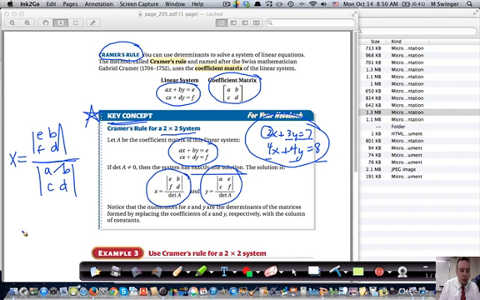Okay? Then y is equal to, you just got to memorize this pattern, AECF. So the determinant of AECF. I look at it up here. AECF. Okay, those four numbers. Put those on top. Over, obviously, A, B, C, D. Always over the A, B, C, D determinant. What is A, B, C, D?